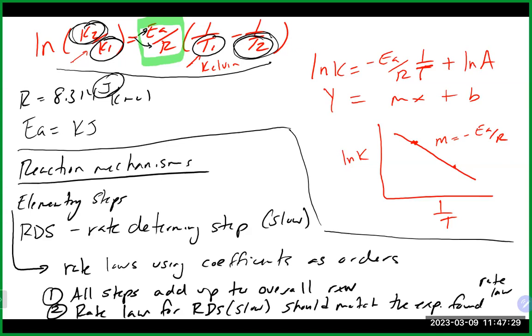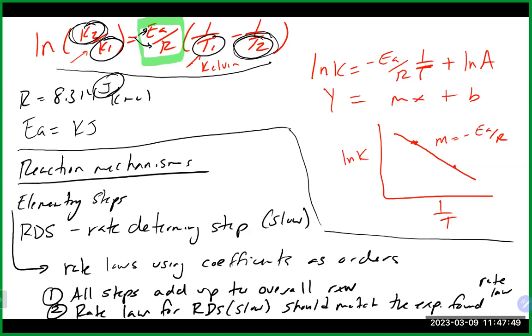So in those types of mechanism problems like we did last time, you do have to use the other steps, or maybe one of the steps, in the mechanism to substitute out the intermediate in your rate law so that you can get a rate law that has all the reactants involved, so you can compare them.